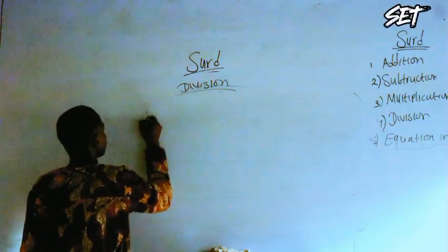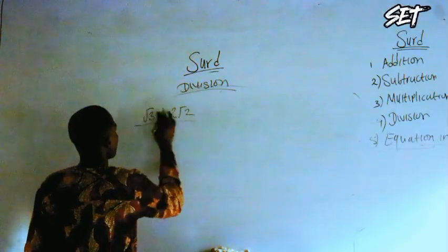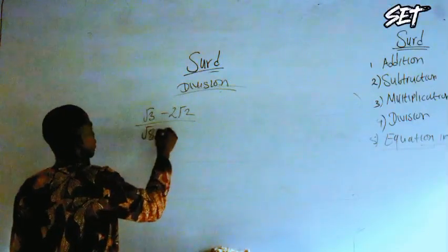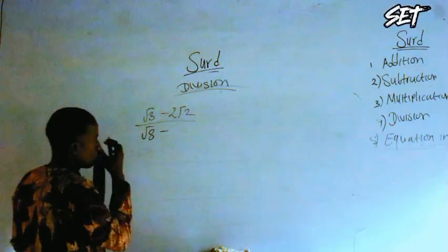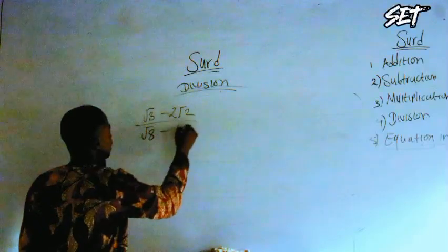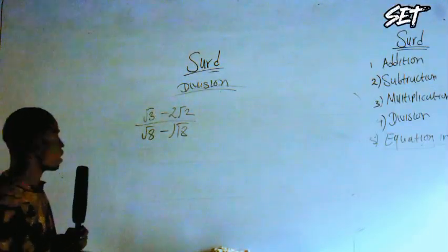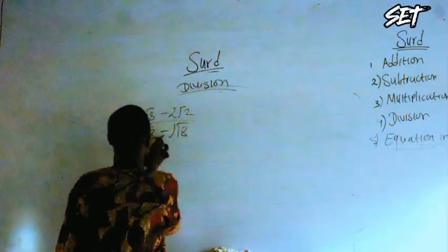When we have 3 plus 2 root 2, and put minus here, and root 8 minus root 18. How can we do this? Now, very, very simple as ABC. Just, when you are doing this, just split this one.